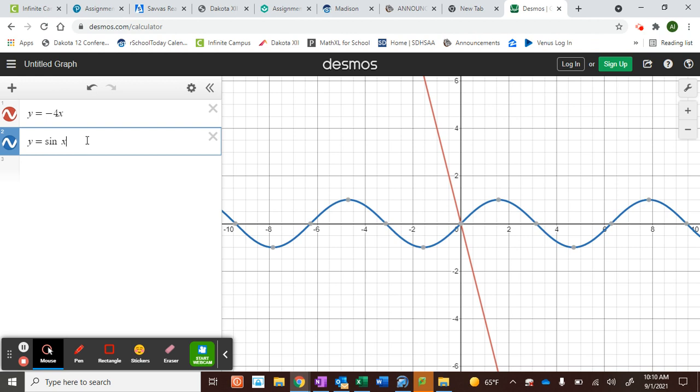Now, I had my restrictions on this where the red graph was only from 0 on this way. So it had an open circle there. And y equals sine of x started at 0 and went like this. So this part of it you wouldn't see, and this part of it you wouldn't see. So it goes down like this, connects to there, and goes like that.